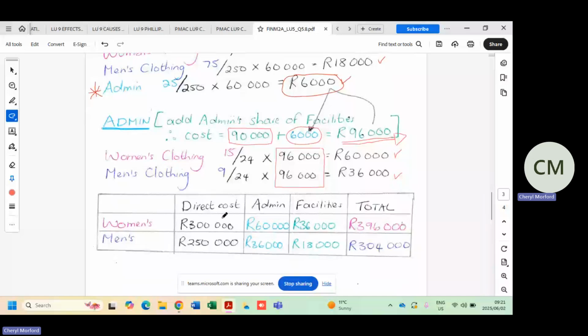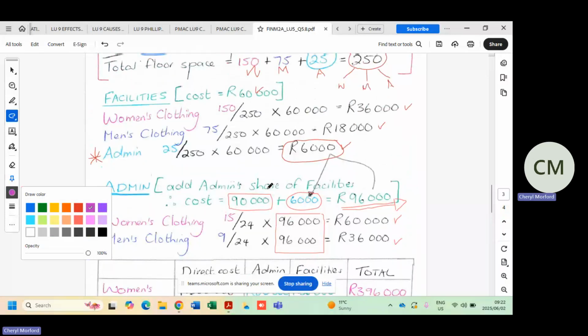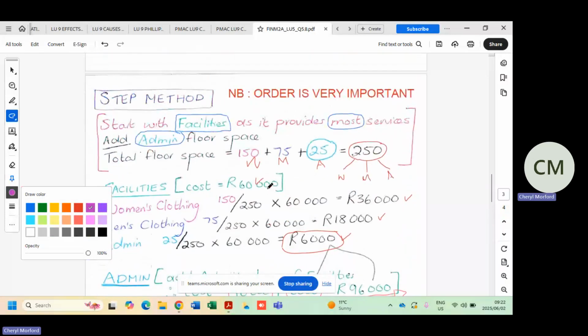Women's direct cost, still 300. Now what are we going to do? Add in each of the shares from the two service departments. So let's come up here and we're going to look at facilities.